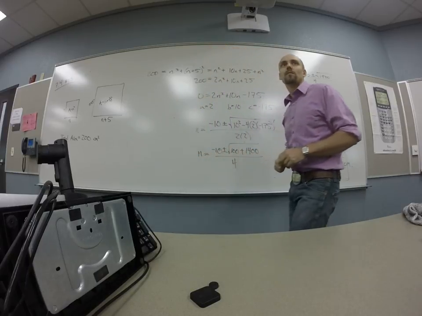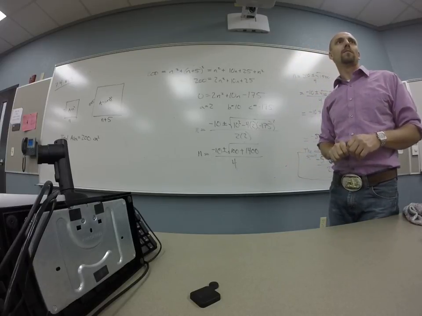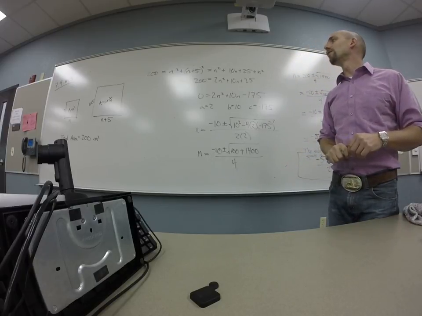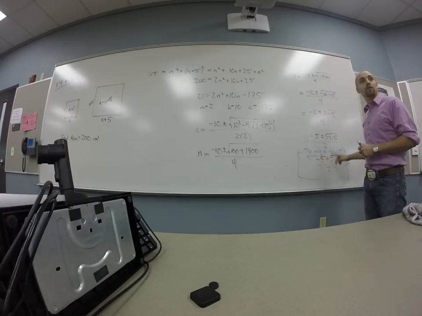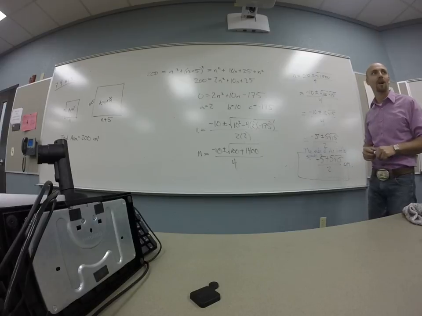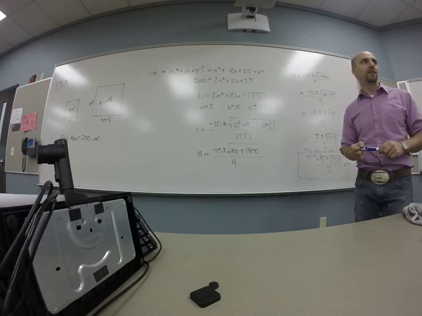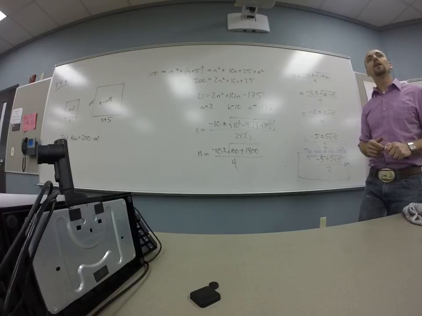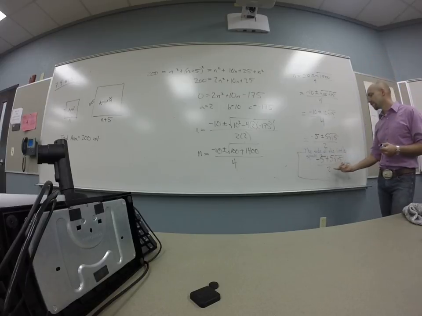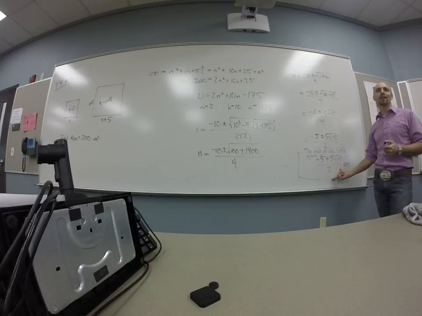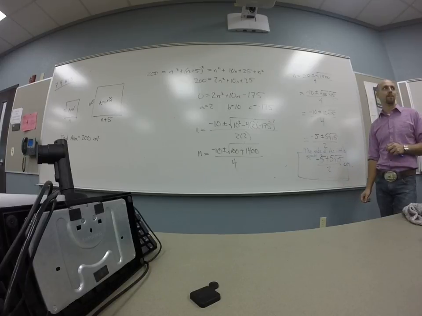So if we were looking for just the area of the small square, that's when we would put squared. Yeah, so if they asked what was the area of the small square to begin with, I would have to take this number and square it, and then centimeters squared. Okay. You guys see that? If the question originally asked for the area of the original square, this is the side length, right? If I want the area out of this, I gotta square it. You guys see that? All right, cool.